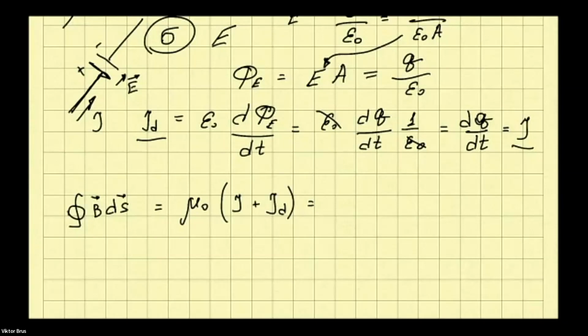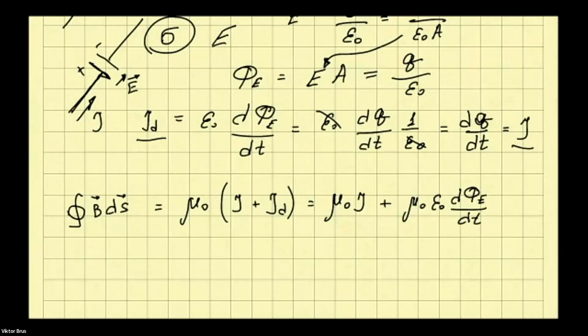To be more specific, it will look like mu naught times I, which stands for conductivity current, plus mu naught times epsilon naught times d Phi_E over dt.